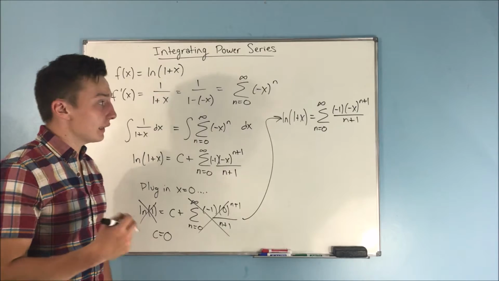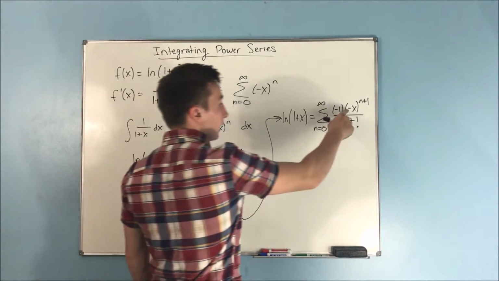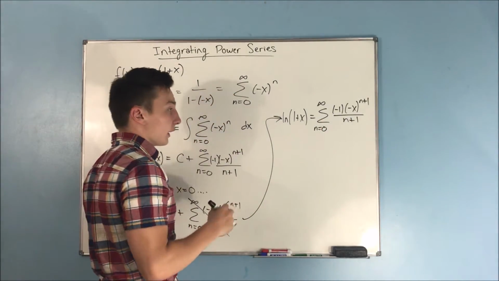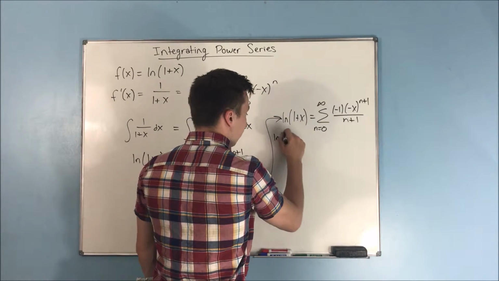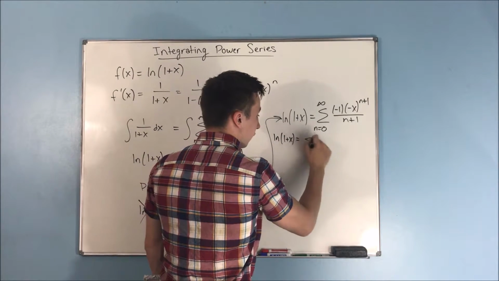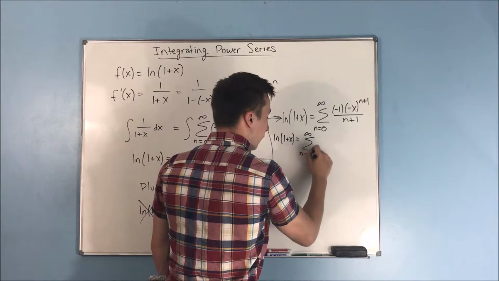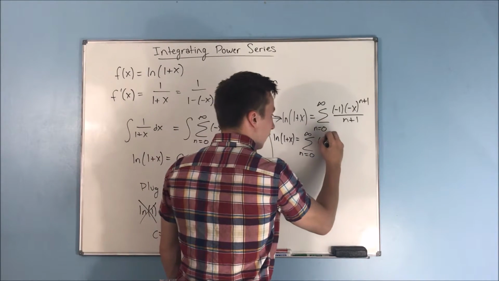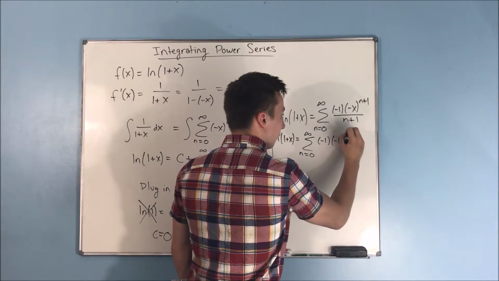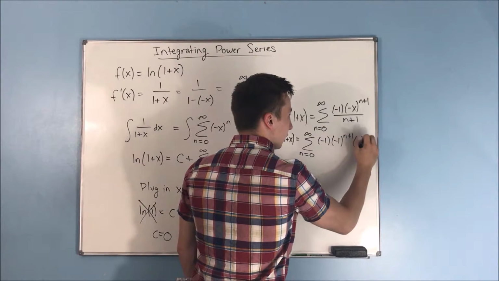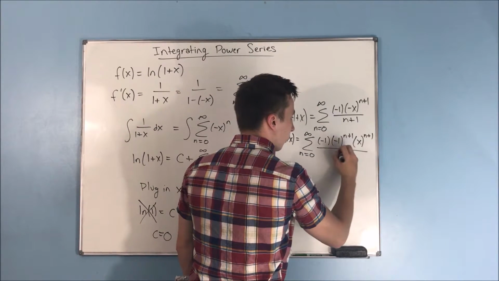One last thing here, we can simplify this a little bit by taking out that negative 1. We could have done that to start off with, to be honest, but whatever. So we get the sum from n equals 0 to infinity of negative 1 times negative 1 to the n plus 1 times x to the n plus 1 over n plus 1.